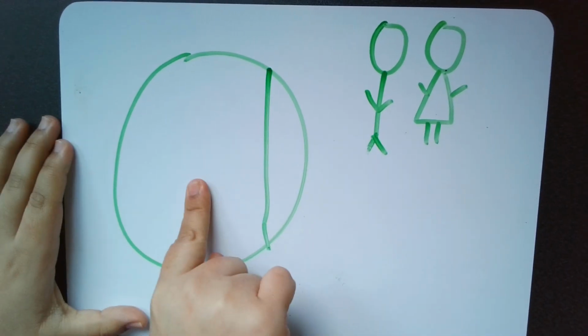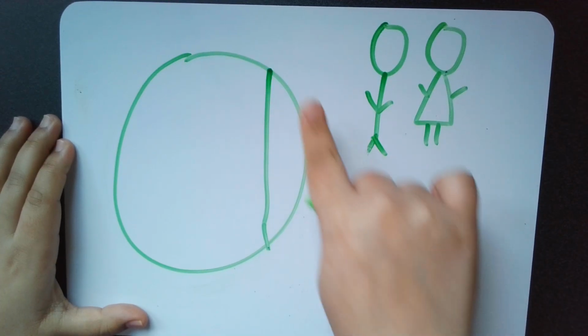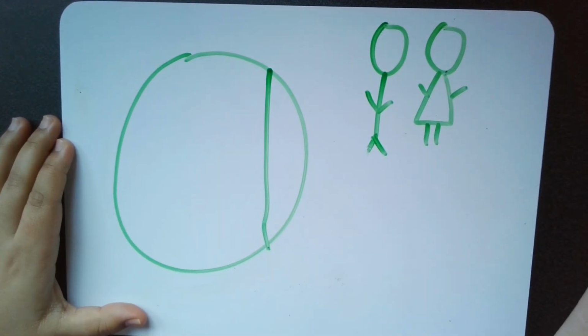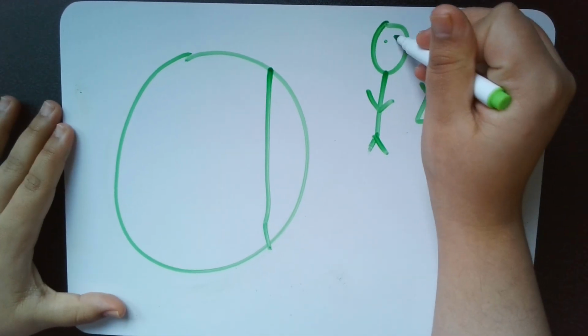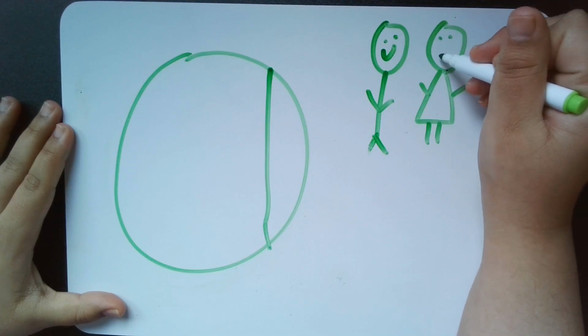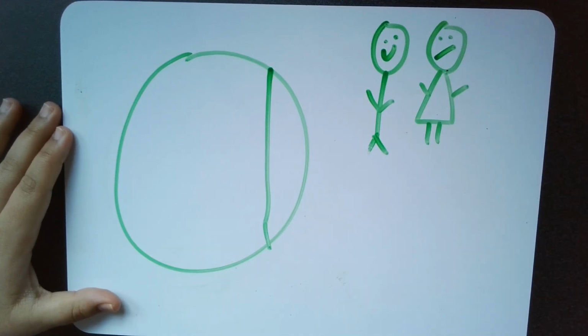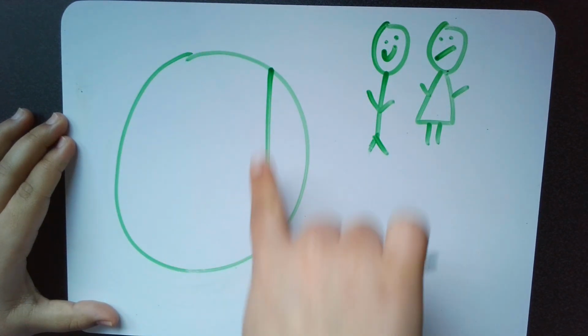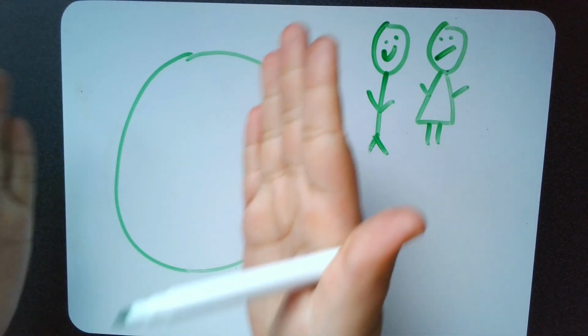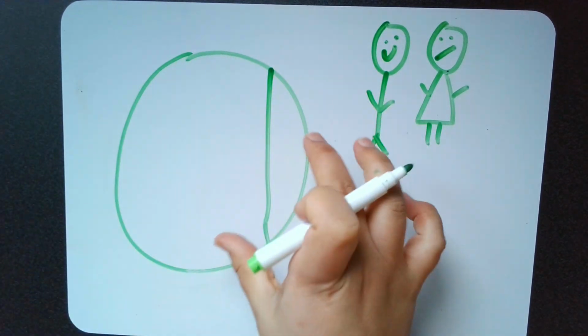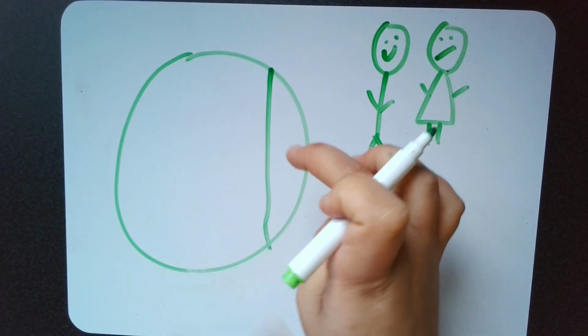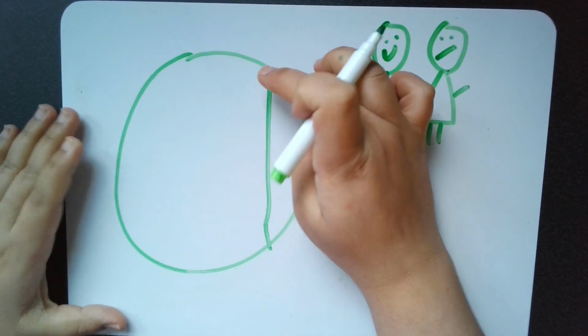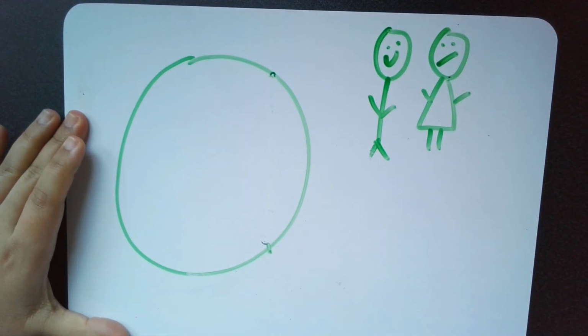And I'm going to say this piece is going to this person and this piece is going to this person. Well, if I do that, you might have this person being very happy, this person being a bit cross. Because what we can see is that we've got one part that's completely massive and the other part that's smaller. The parts are not equal. We haven't divided this up equally.